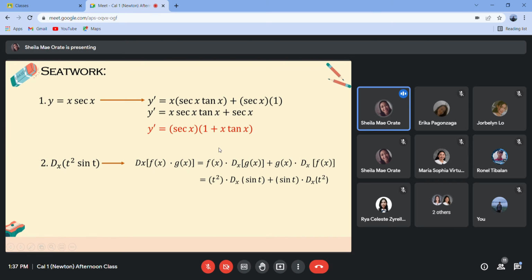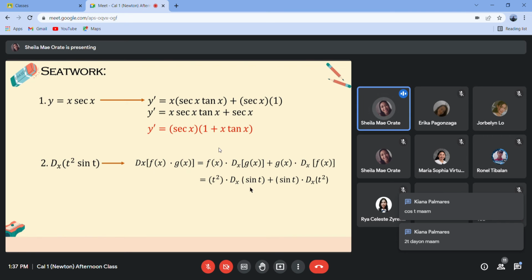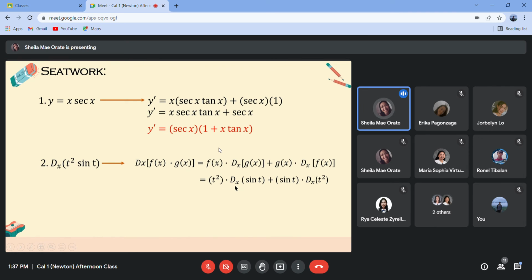First, we get the derivative of sine t and the derivative of t squared. What is the derivative of sine t? Very good, that's cosine t. How about t squared? 2t. Okay, very good. Let's go back to the theorem earlier: the derivative of sine is cosine.